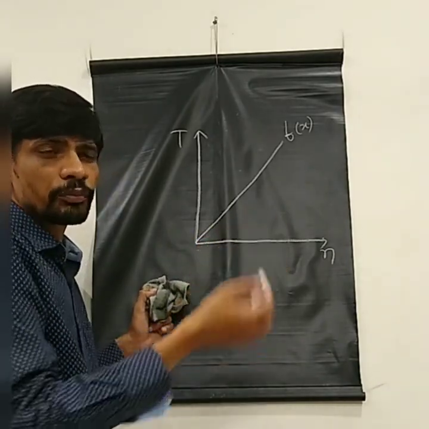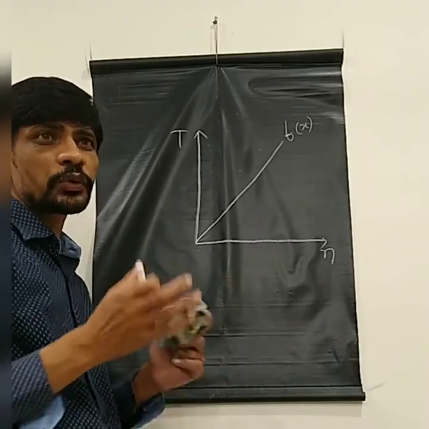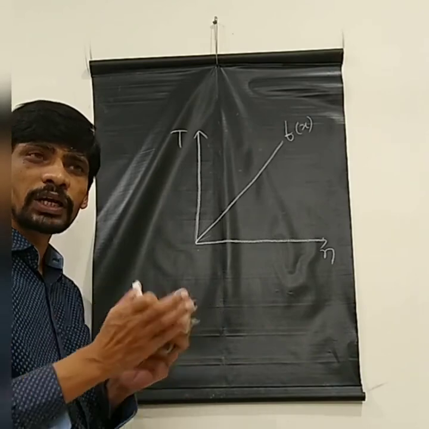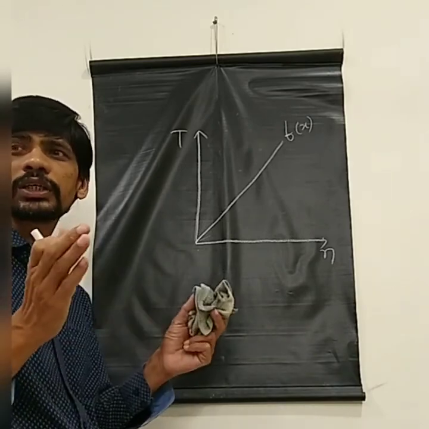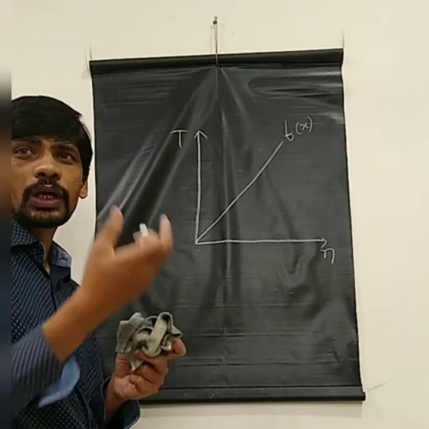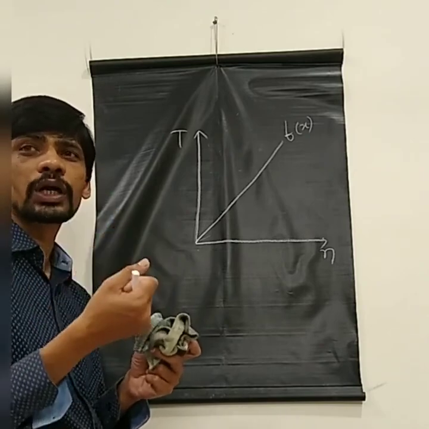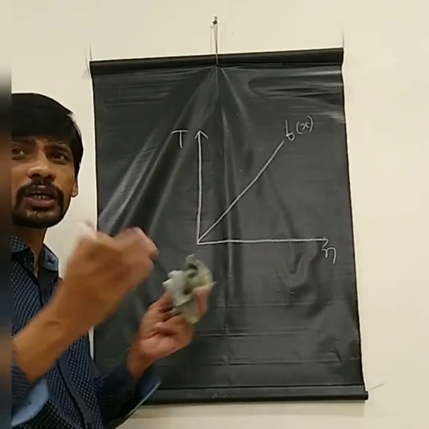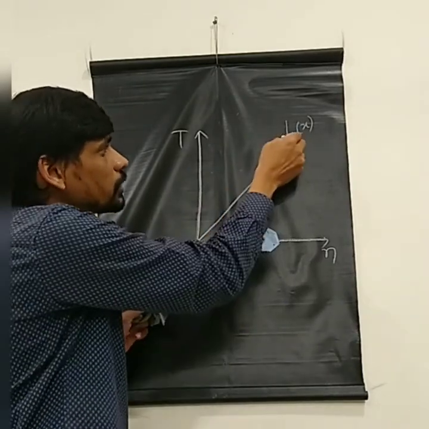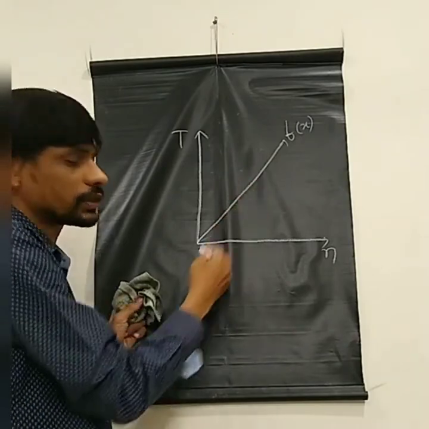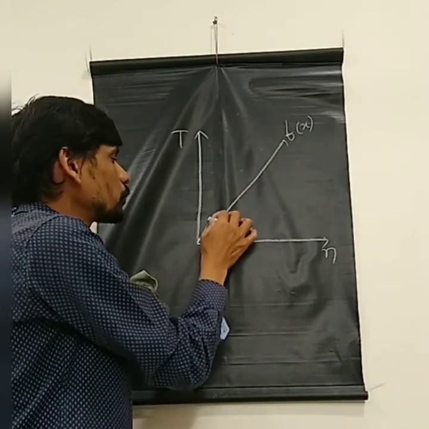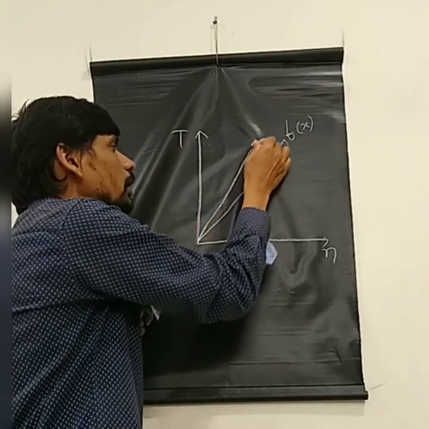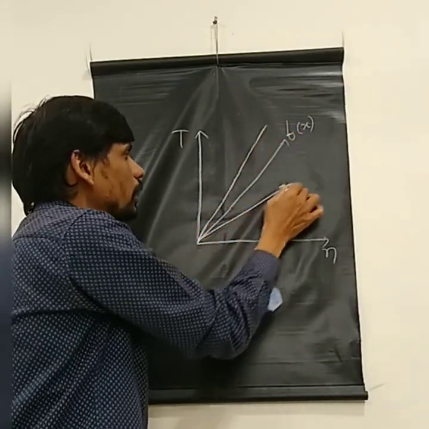What is meant by theta notation? Theta notation is very tightly bound. That means it will provide a range so that the actual complexity of your algorithm will fall into that particular range. For example, if this is my f of x line, theta notation will provide me a range.